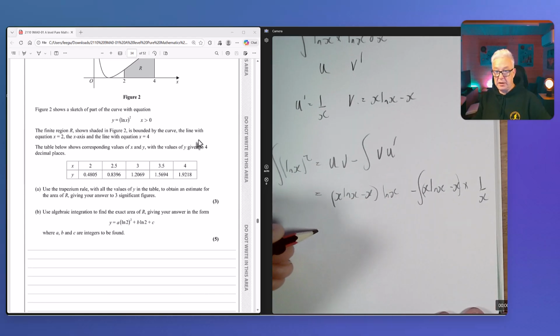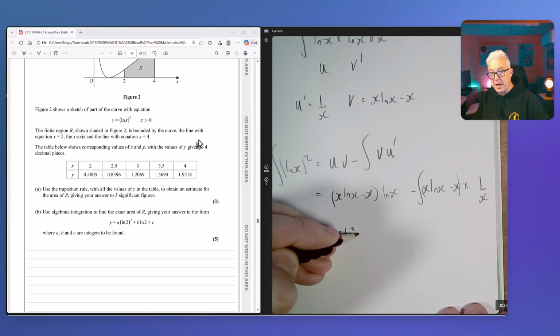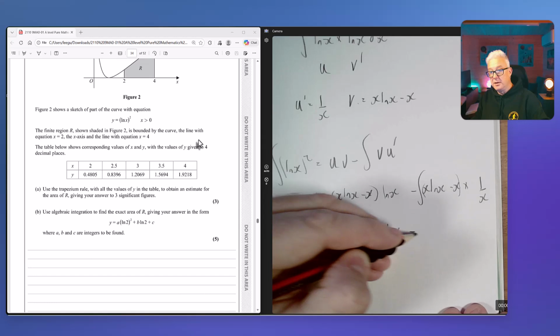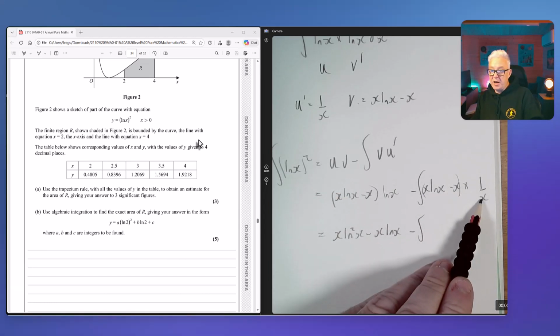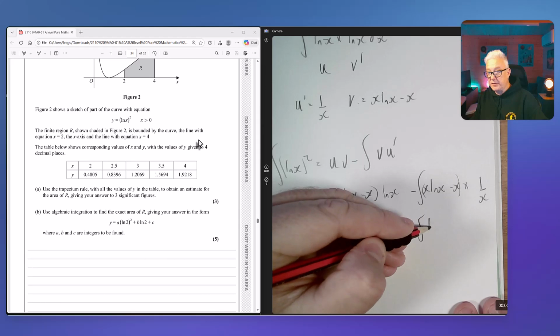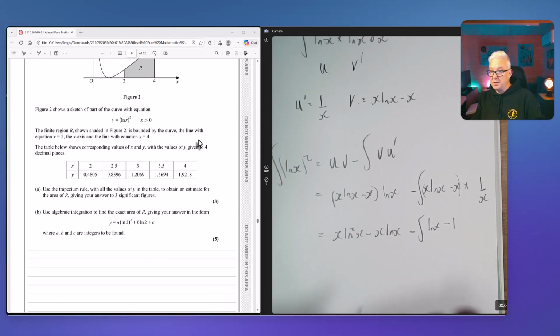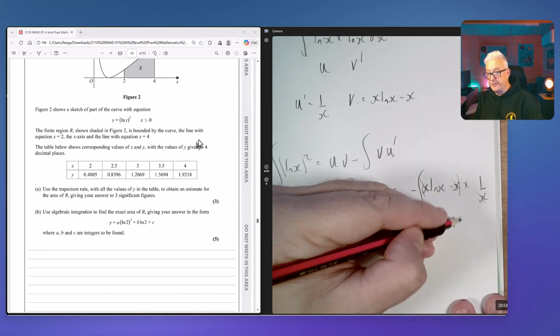Let's simplify that a little bit. So that is now x ln² x minus x ln x minus, now notice here, the x ln x minus x, that 1 over x is going to cancel, so that's going to give us just ln x minus 1 there, because those x's cancel, dx.